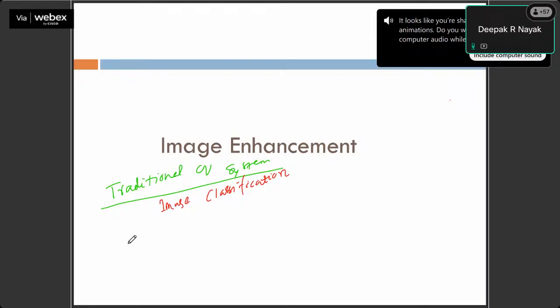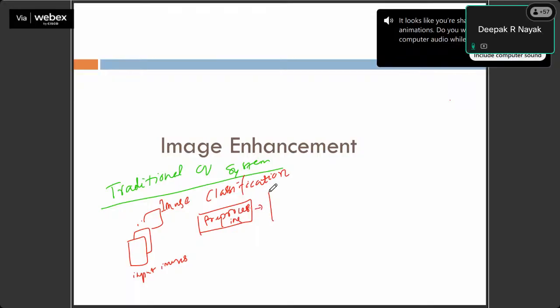What will be given to you is a set of input images. The very first stage you will find in a traditional computer vision system is pre-processing.